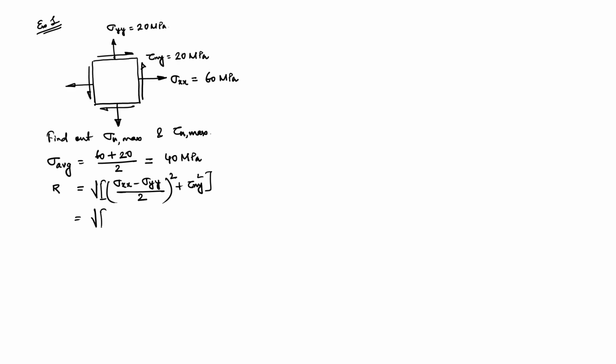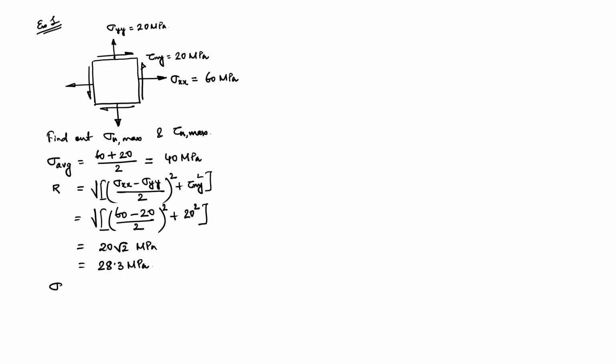So, this is equal to square root of 60 minus 20 divided by 2 whole square plus tau xy square, which is 20. Effectively 60 minus 20 gives you 40 by 2, again 20. So, 20 root 2 MPa, and if you evaluate, this will be 28.3 MPa.